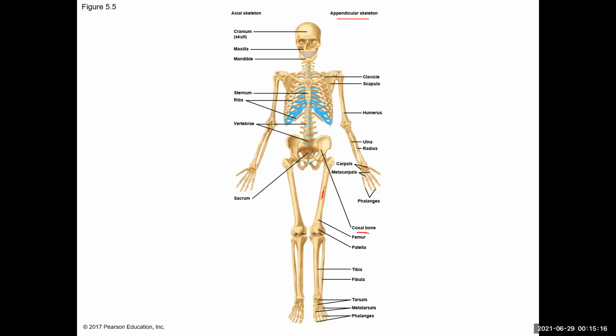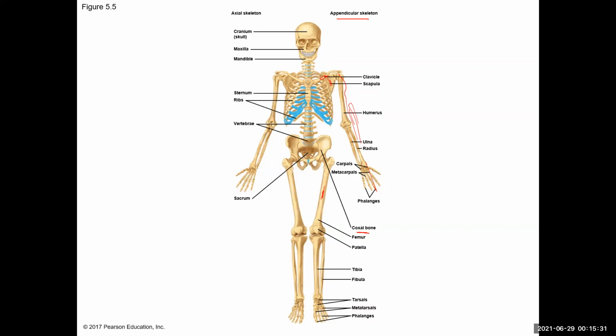And then you also have, say, your clavicle and your scapula, which is articulated with your humerus, which is part of your arms. And so these bones are part of the appendicular skeleton.